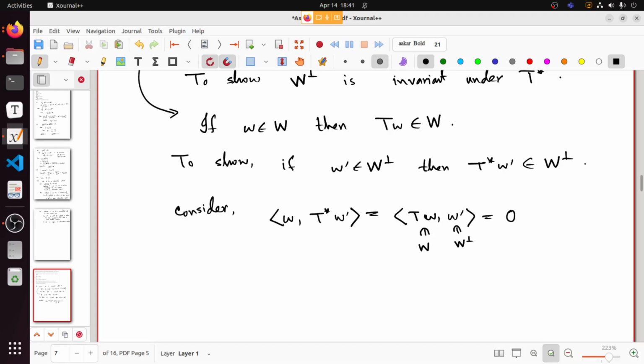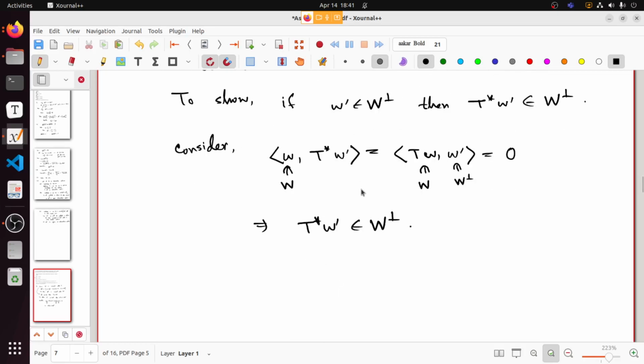So T star W' belongs to W perp. We started with an element in W perp and showed T star W' is in W perp, which implies W perp is T star invariant.